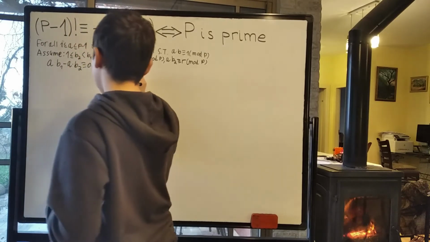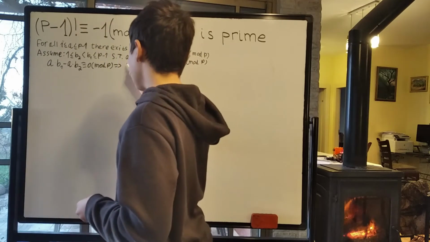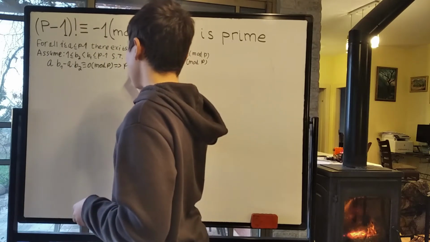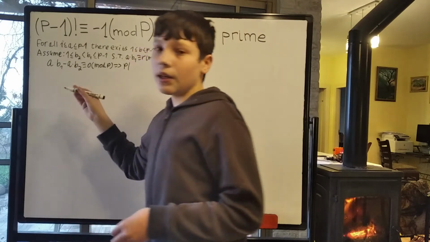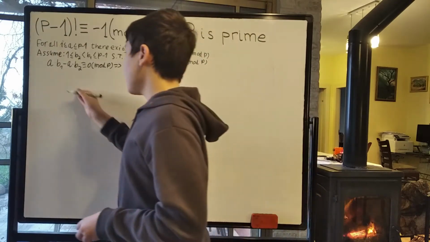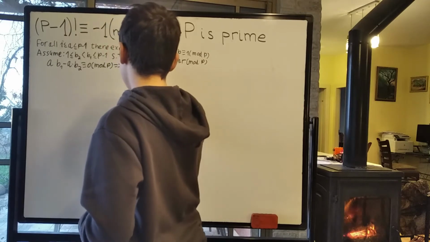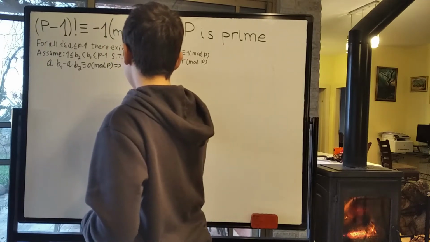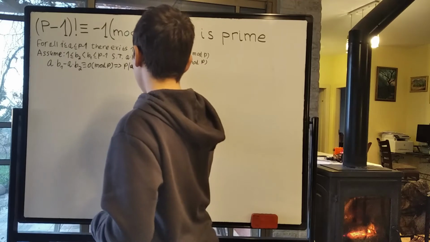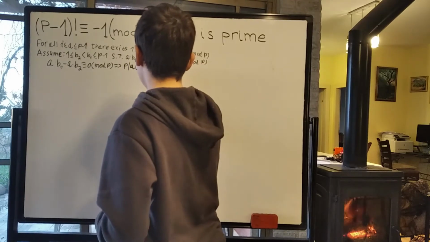Now what that tells us is that p divides into this expression, and I'll take a as a common factor to get that p divides into a times (b1 − b2).